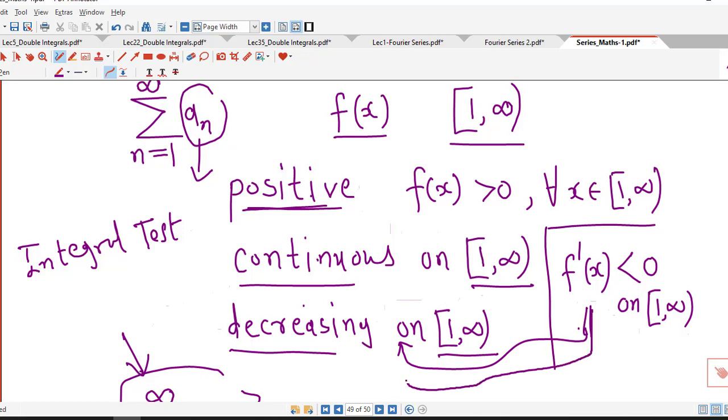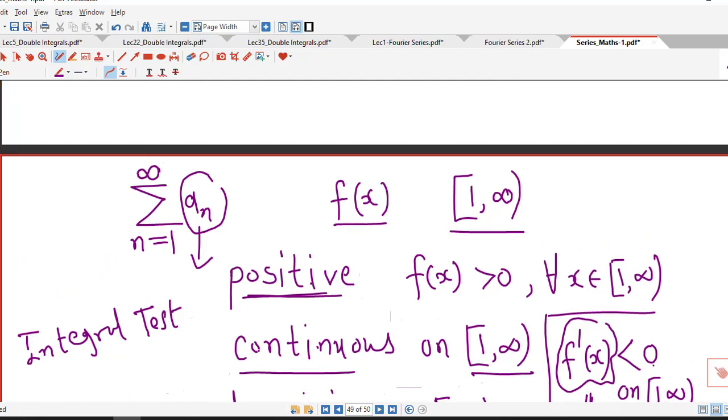So to check whether the function is decreasing or not, we can find its first derivative, and if the first derivative is negative on [1, infinity), then the function is decreasing on [1, infinity).